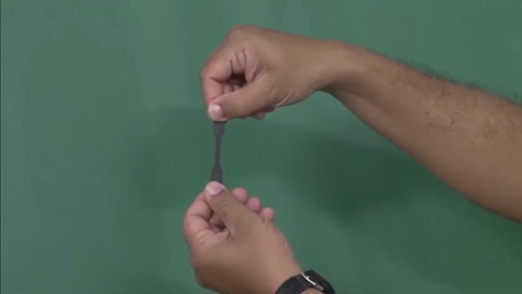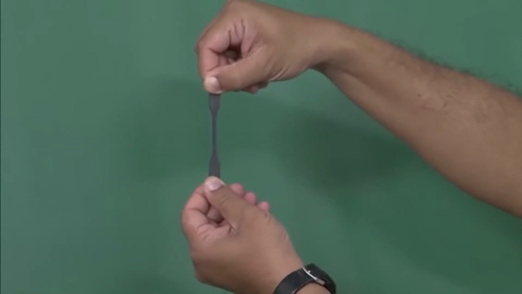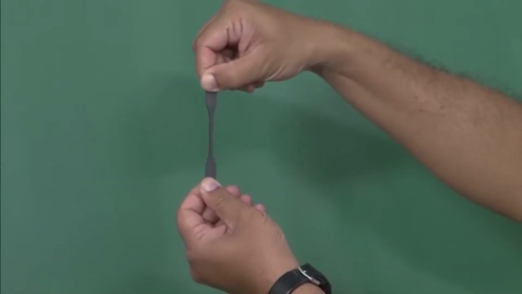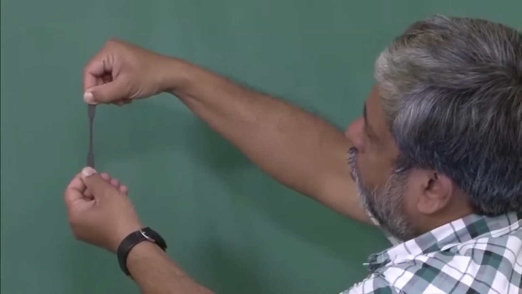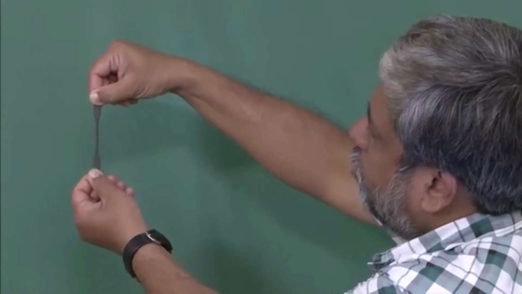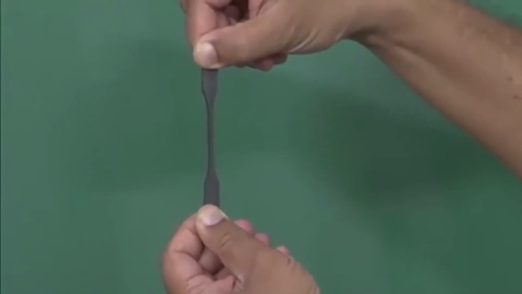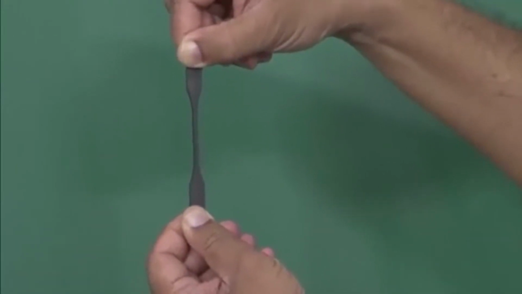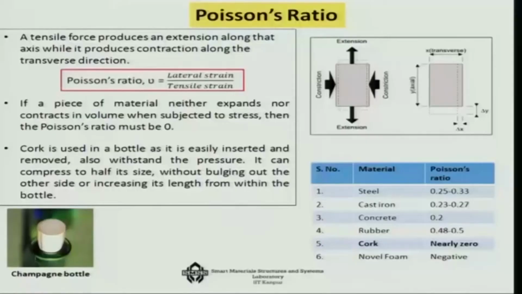This is a rubber sample, and you can see how the thickness is reducing in the other direction.